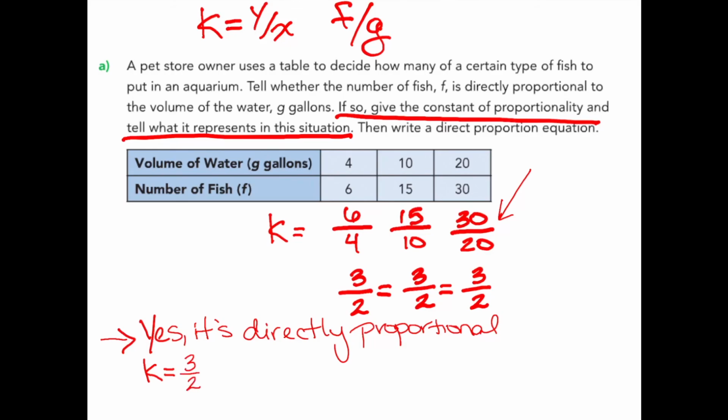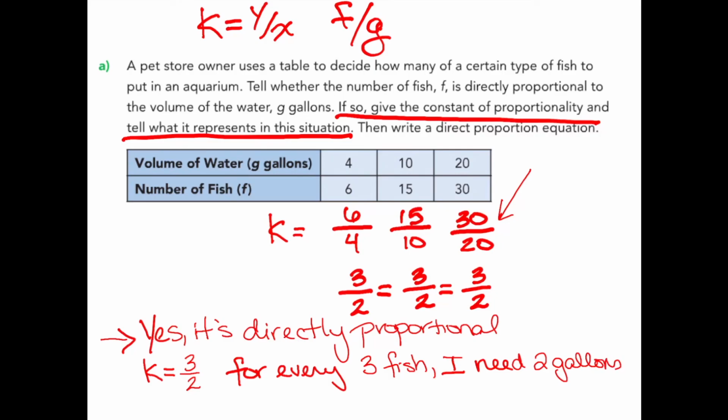But just like word problems with fractions, decimals, or integers, this 3/2 represents something in the real world. So this 3/2 tells me that for every 3 fish, I need 2 gallons of water.